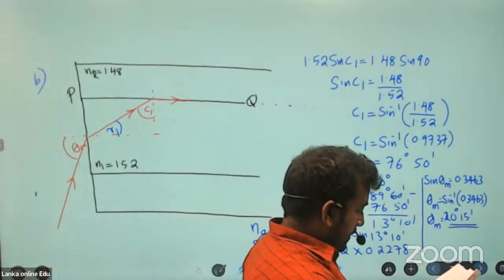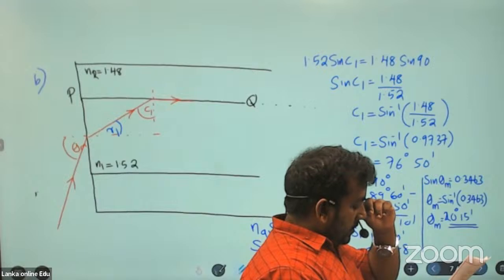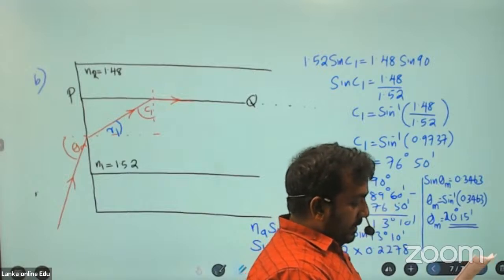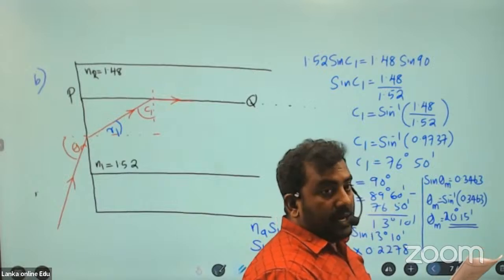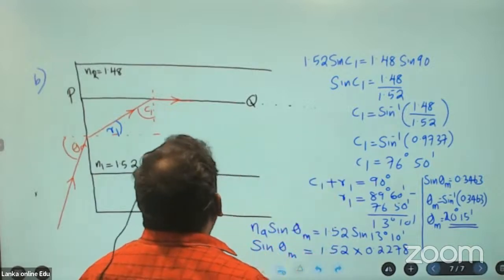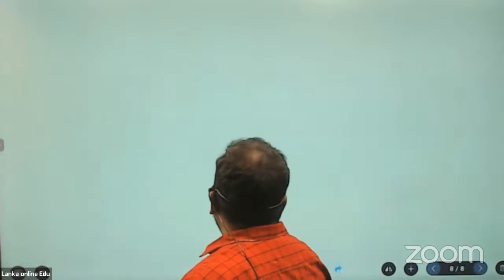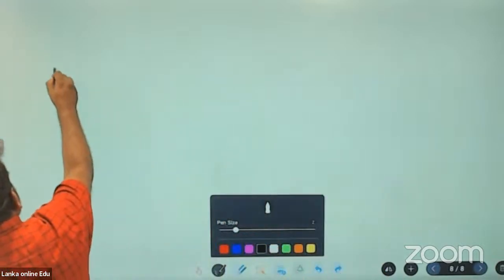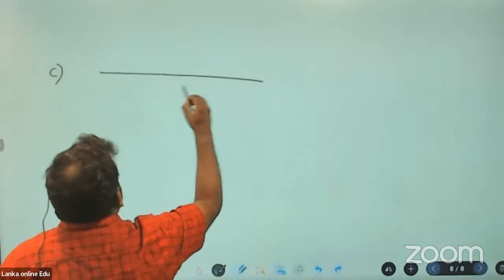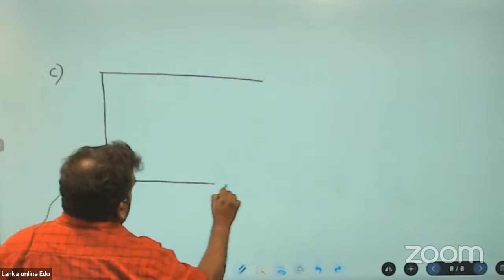Okay. Show that for theta equal 80, the ray will not emerge into air. See here, you must find it step by step.